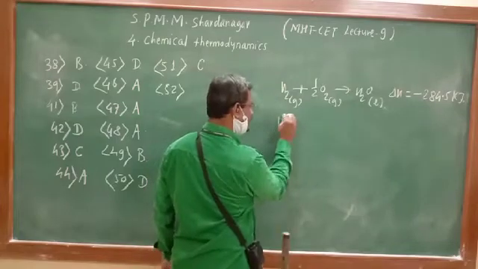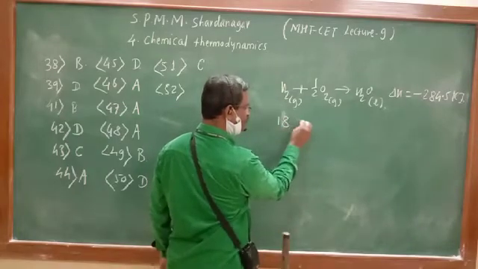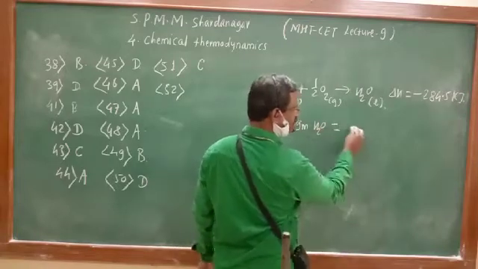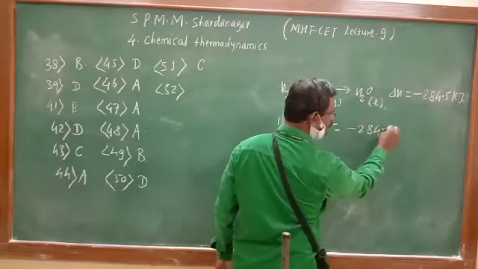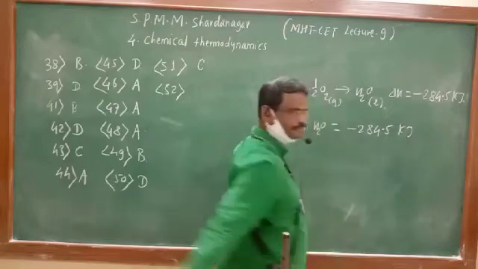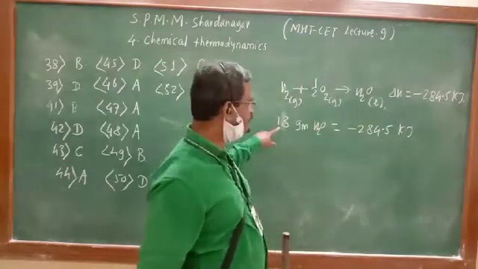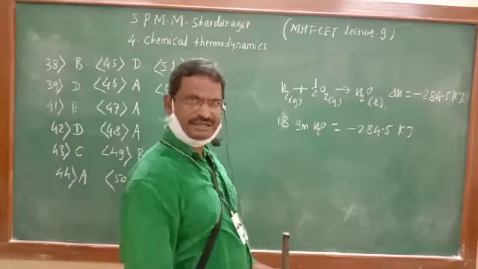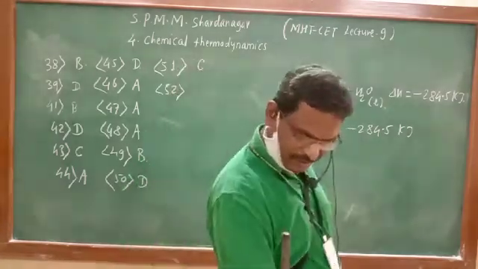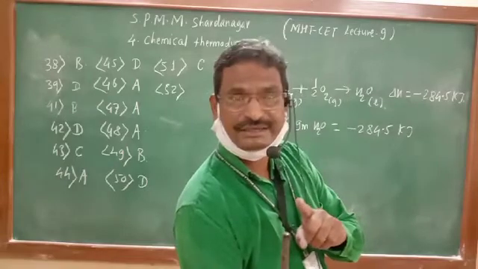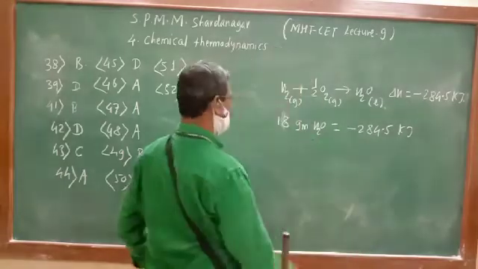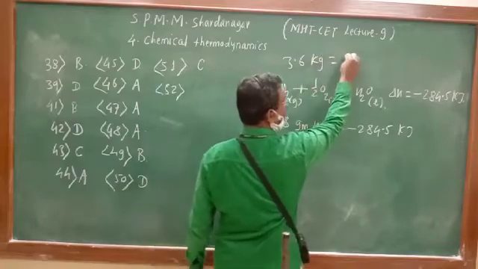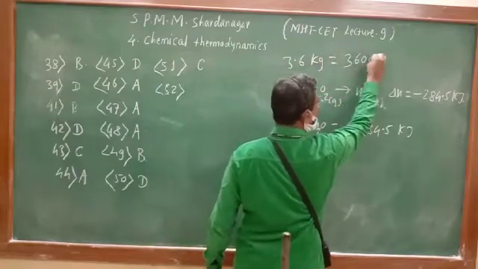So whenever 18 gram water is obtained, the change in enthalpy is minus 284.5 kilojoule. For 18 gram water, this is the change in enthalpy. They have asked to calculate the change in enthalpy for 3.6 kilogram. 3.6 kilogram means how many grams? 3600 gram.